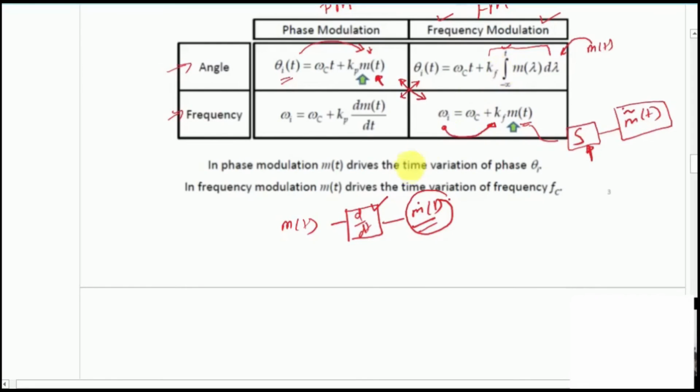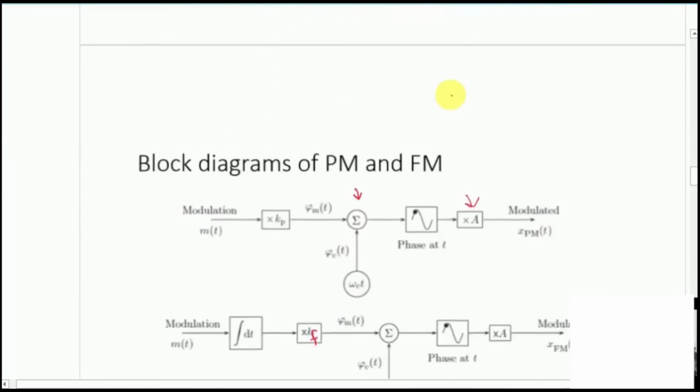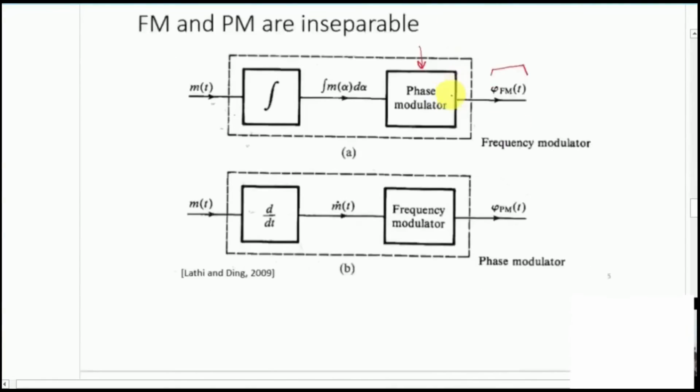Once they are cancelled out, you will get a phase modulated output signal. So it is quite interesting. If you have either of the modulators, you could eventually get both phase modulation and or frequency modulation, but you would need either an integrator or a differentiator. So they are in a way inseparable.